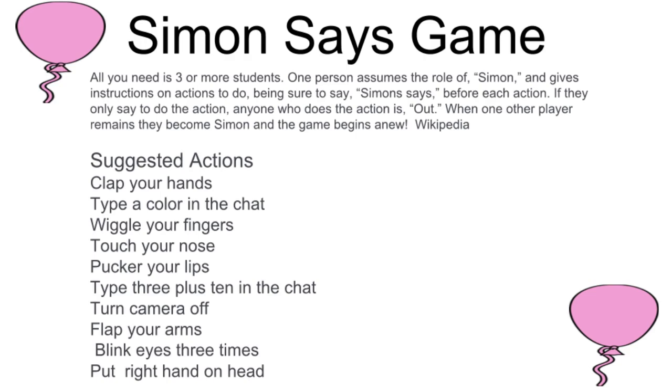We need to realize that some students are not coming to virtual learning sessions dressed from head to toe, because everybody does not have expectations in their district or their schools of how to dress appropriately for virtual learning. So just remember that if you're playing Simon Says.